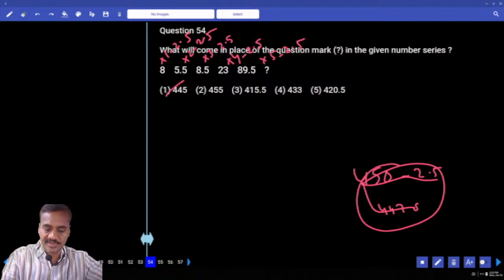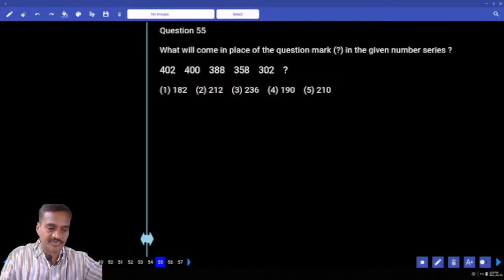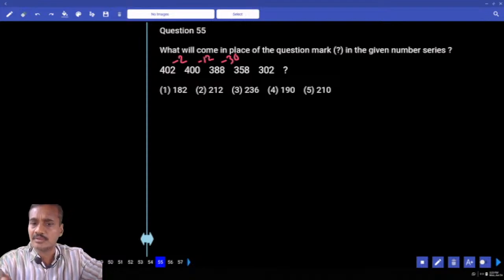Then coming to 55, what does it come under? Difference, product or combination? Difference. Now here the difference is 2. And here the difference is 12. And 88 this one minus 30. And 2, 12, 30, what does it become? 88 and 58, here 30 came. Next what came?